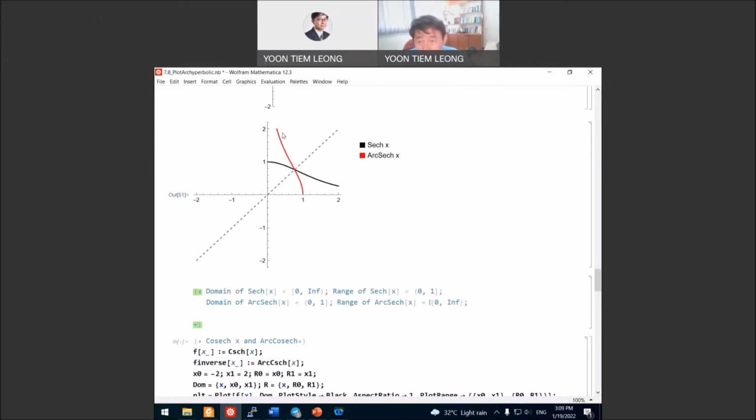So this is the red arcsecant function, defined for a domain from 0 to 1, not inclusive of 0, and the range starts from 0 up to positive infinity.